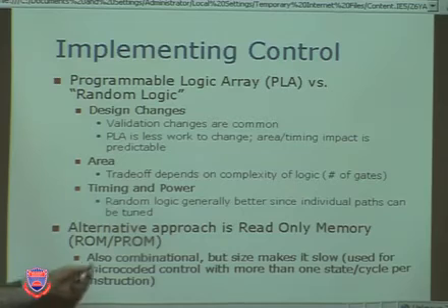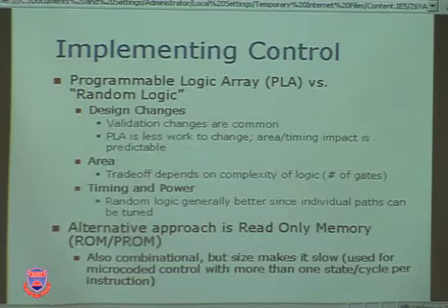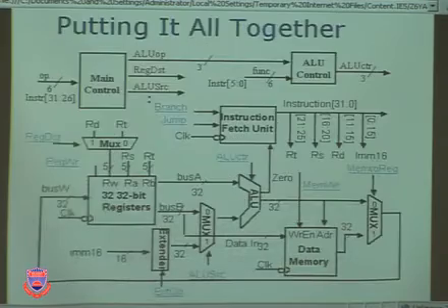All right, so that's another possibility. It's also combinational, but its size makes it slow for decoding. Usually it's used sometimes in micro-coded control, but we didn't do that here. We did hardwired control. Micro-coded control is for when you have more than one state per instruction. But we're doing a single cycle machine here, which has a single state per instruction, so it's not a good choice.